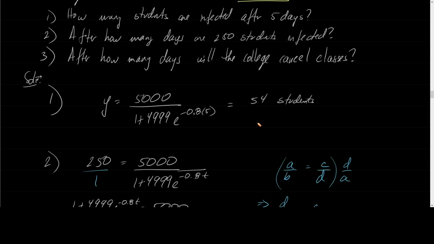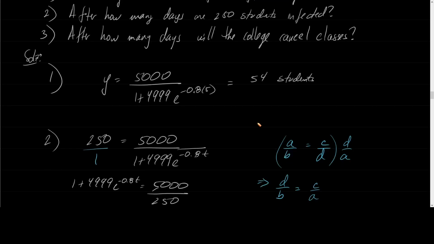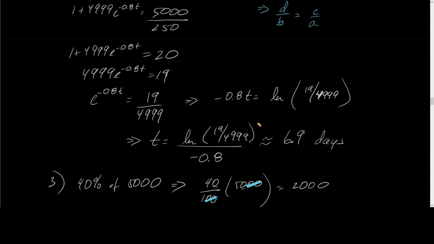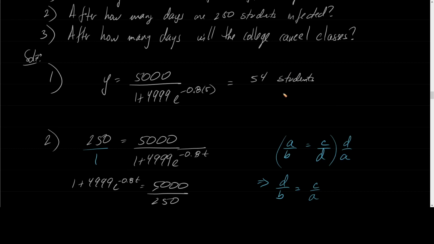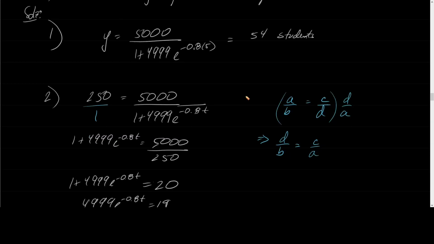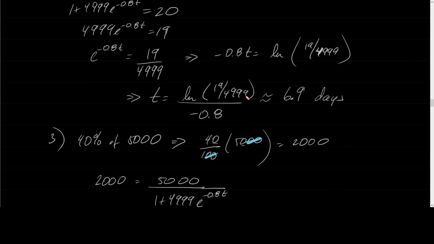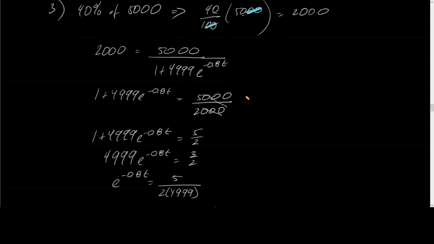In part 2, we saw that it took only 7 days to get 250 students infected. That was just an extra 2 days from when we only had 54 students. So in an extra 2 days, we had an extra 200 people infected for a total of 250.